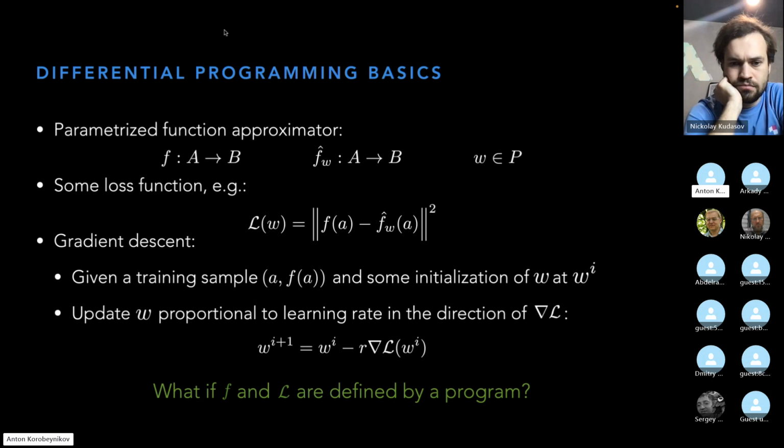I won't talk about numeric methods. Certainly there are numeric methods out there that could approximate the gradient by finite differences and so on. But it's usually not the way things operate because of the computational complexity and the round-off errors.